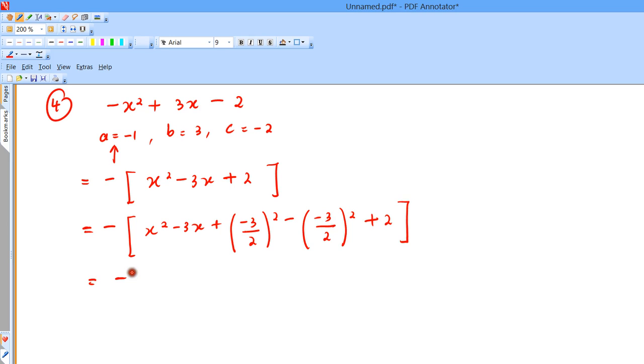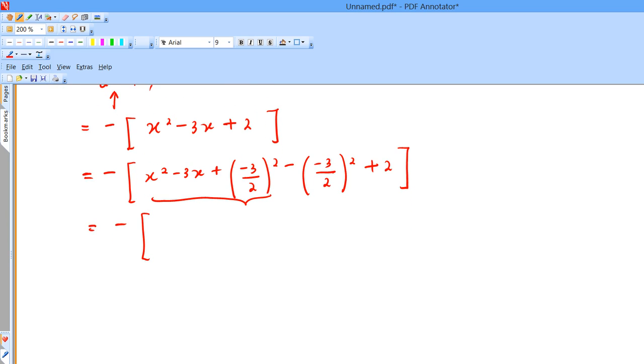Equals negative. You want to simplify the first three terms, so we get (x minus 3 over 2) squared, and then this one equals negative 9 over 4 plus 2.